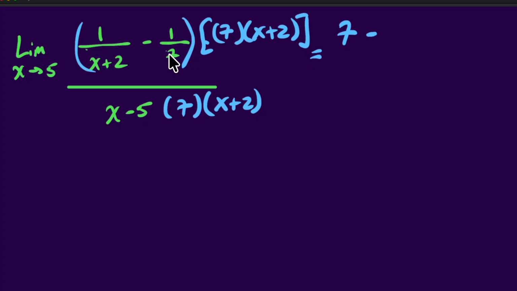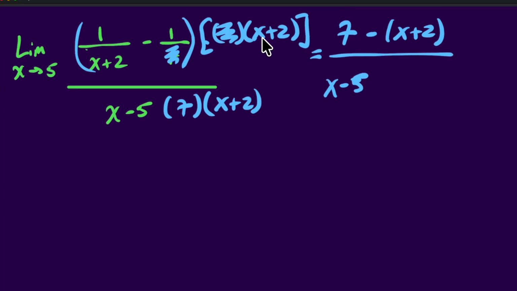Now you're going to put your finger over that 7 and that 7, and you're going to have the minus sign distributing into the x plus 2. Like so. On the bottom, we're going to have all three factors, x minus 5, 7, and x plus 2. And the hope here is that the x minus 5 is going to cancel out.